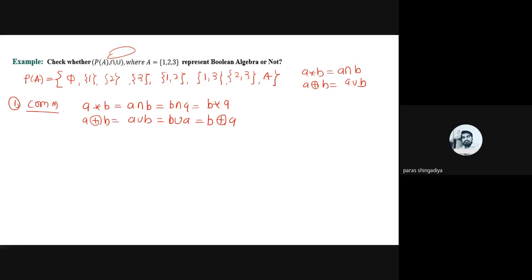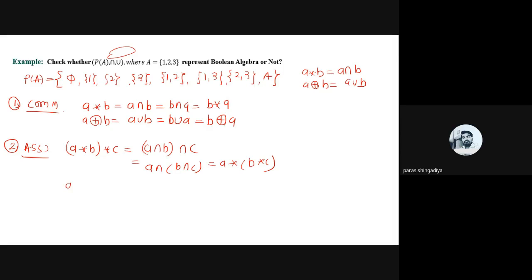And then after that we'll check the second one, associative. In associative we have A star B star C, which is equal to, first simplifying A star B. So A star B is equal to A intersection B, and then intersection C, and that can be written as A intersection B intersection C. Clear? And that is equal to A star bracket B star C. Okay, that will always be true.